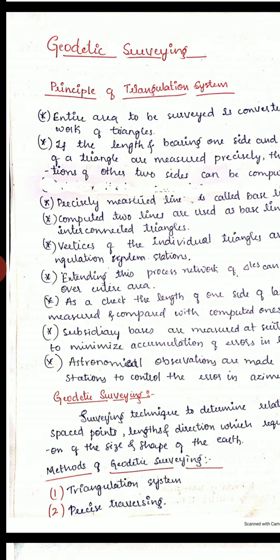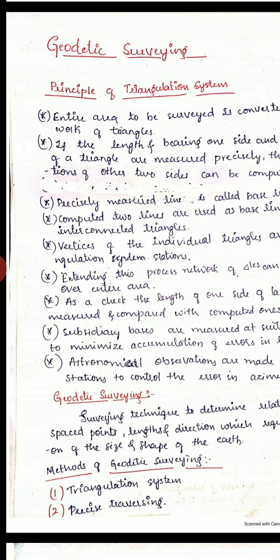If you are making the triangles, first we have to take one line and 2 points. By using these 2 points and one line, we will get the triangulation system. Next one is, the vertices of the individual triangles are known as triangulation stations.